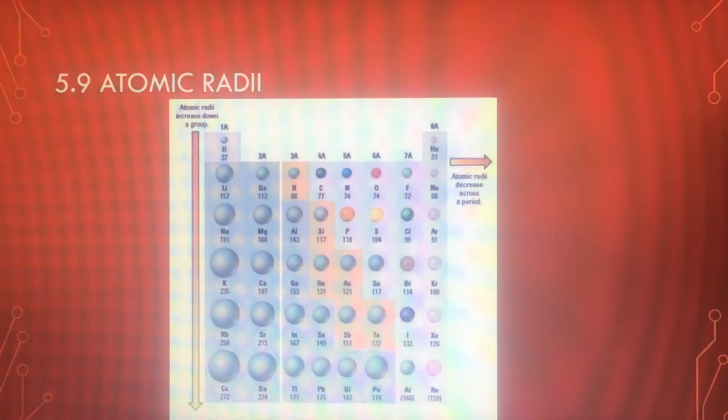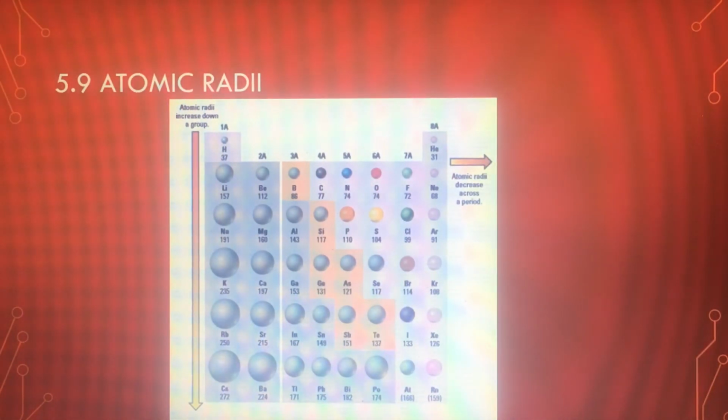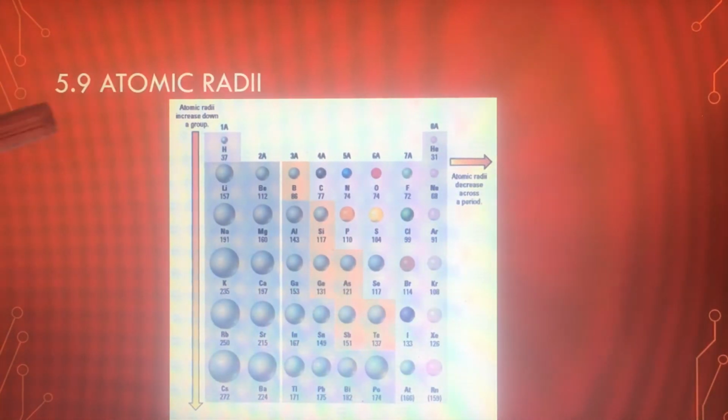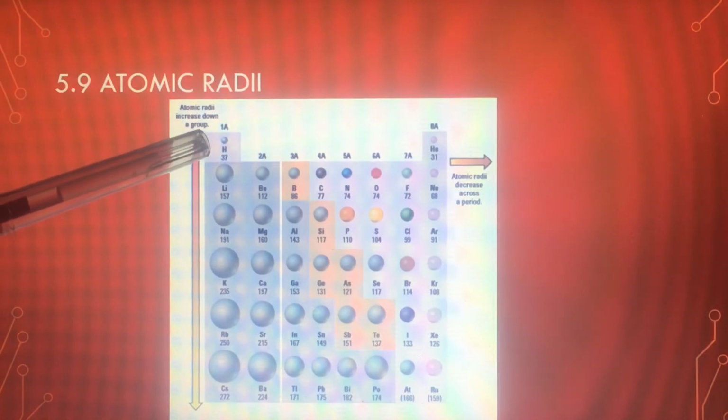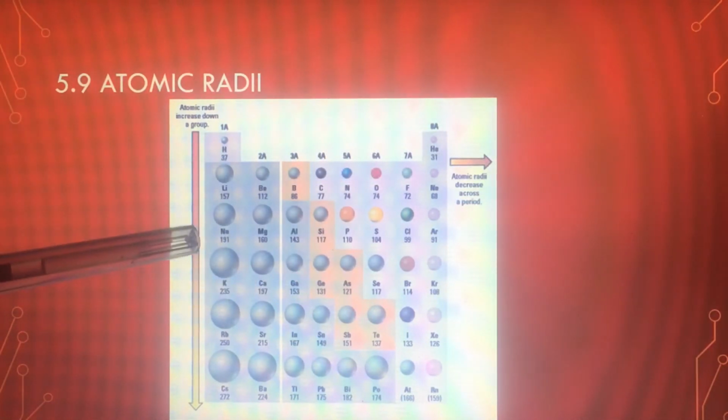So again, we will just focus more on the representative elements or the group A elements. We'll not discuss the transition elements in these periodic trends.